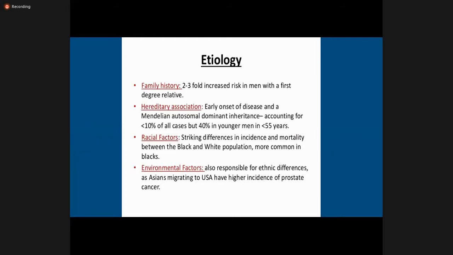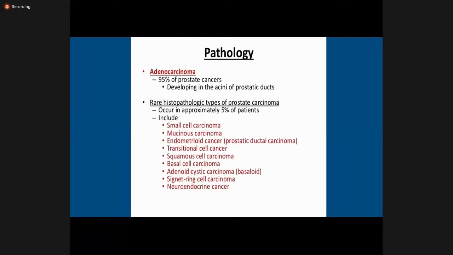So we'll move on from etiology to the pathology. The most common cancer is adenocarcinoma. 95% of prostate cancers are adenocarcinoma.